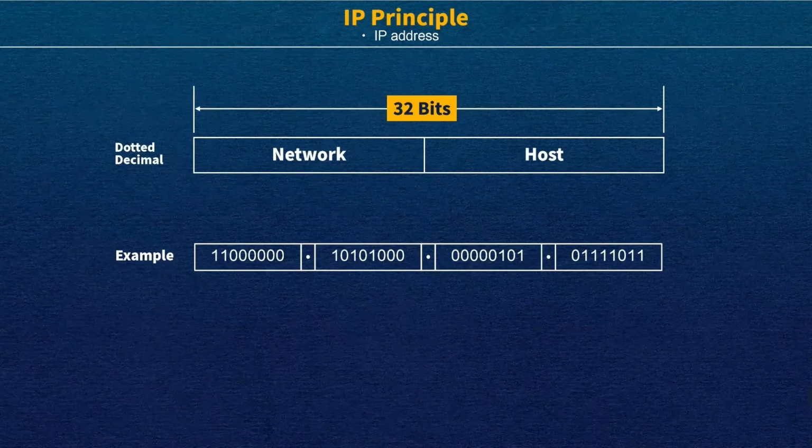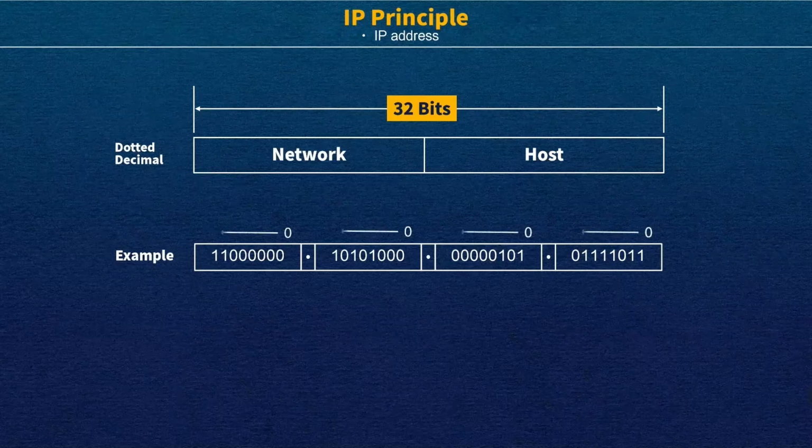And then we can see an example here. For example, now the binary is like this. How to get the dotted decimal result? How to get the IP address like we see on our computer or on the device? We can use the formula. From right to left is 0 to 7, and the result is 1 multiplied by 2 to the power of 7, and then 1 multiplied by 2 to the power of 6, right?